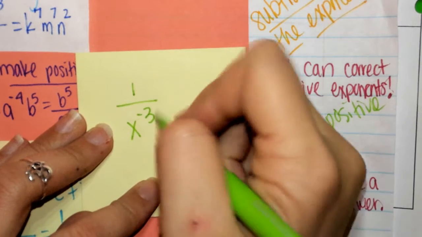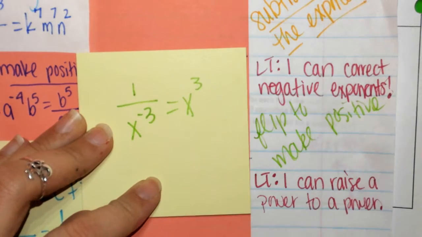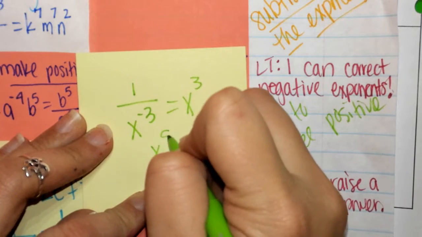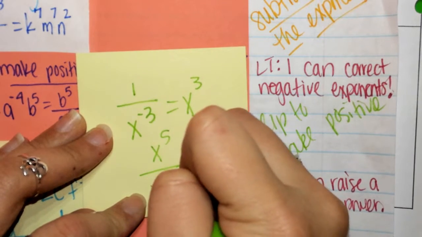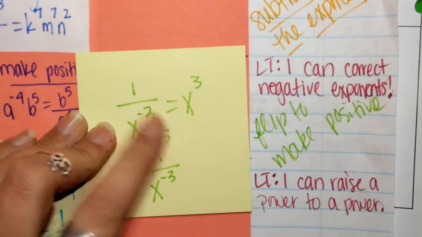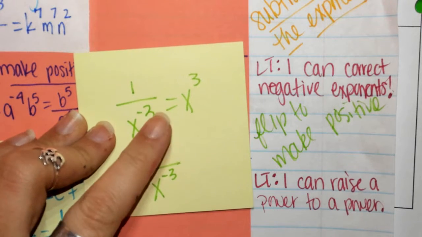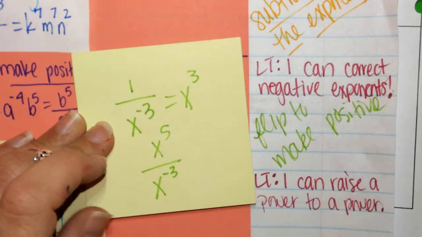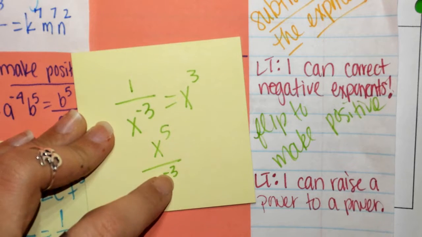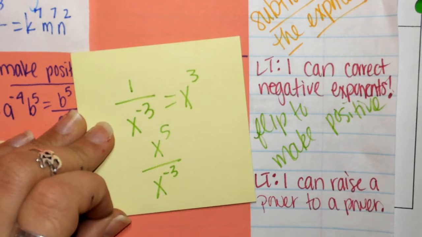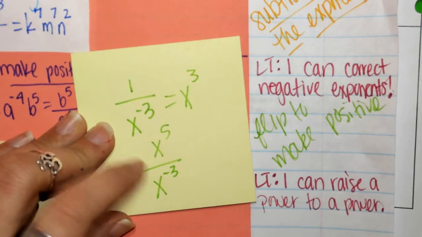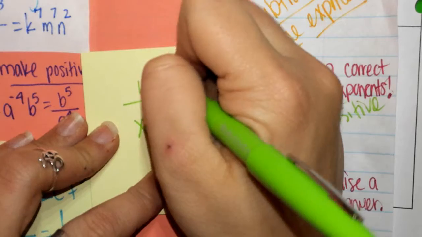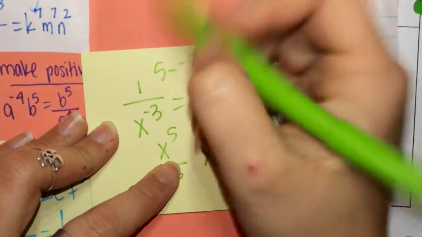That's going to become x cubed, so you move it to the top. What if I said x to the 5th divided by x to the negative 3? We would subtract those, right? What's 5 minus a negative 3? 8. So this would become x to the 8th.